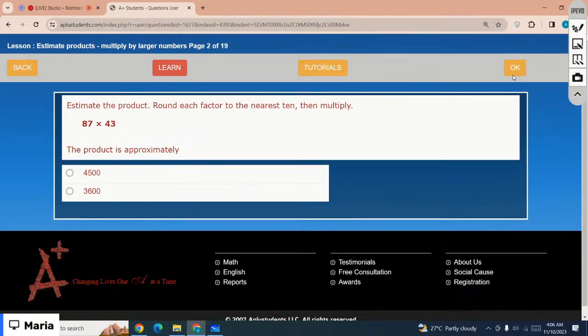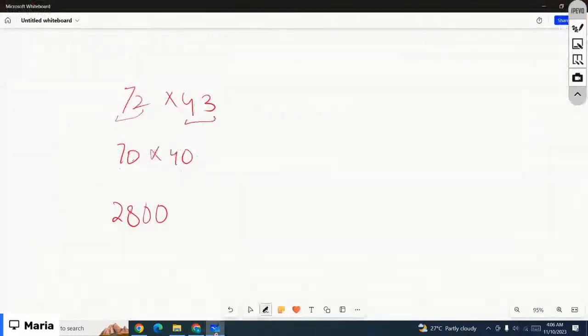Then you have 43. 43 is rounded off to 40 because it is just three numbers away from 40, right? So you have to do 9 times 4. 9 times 4 is 36, so it is 3600. The correct option is 3600. Got it?